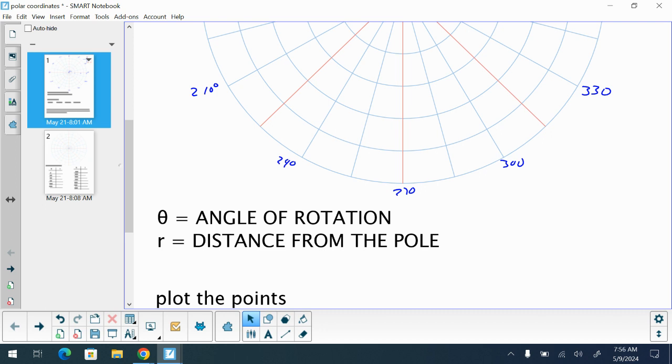And with this, we have an ordered pair. Just like we have x and y, we have r and theta. So r is our distance away from the pole, and theta is the amount of rotation that you have from the 0 axis.